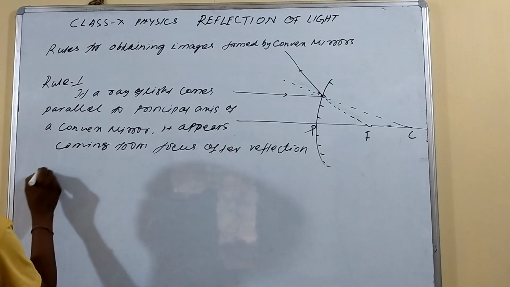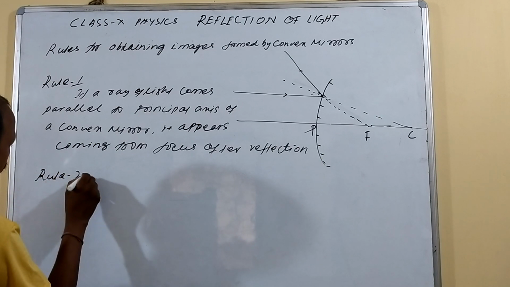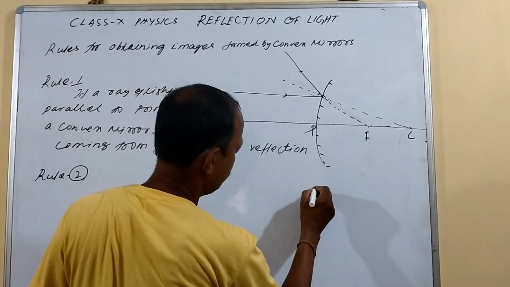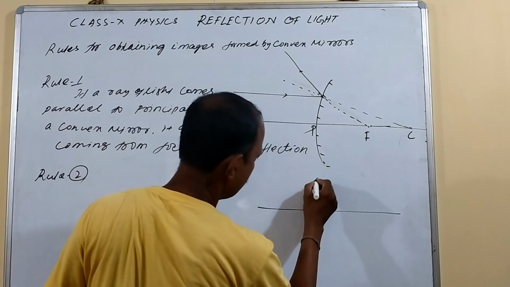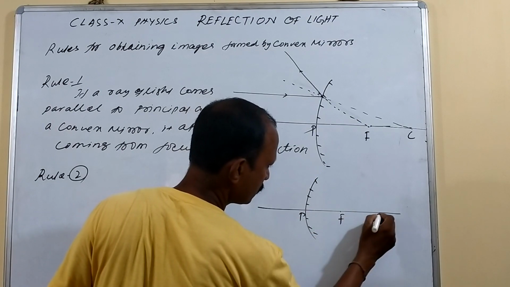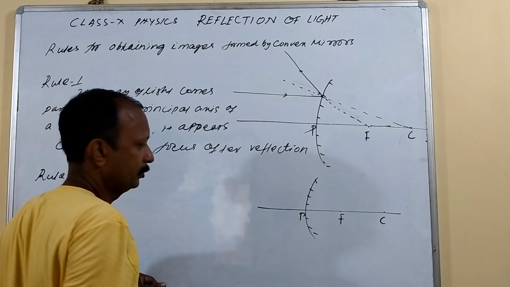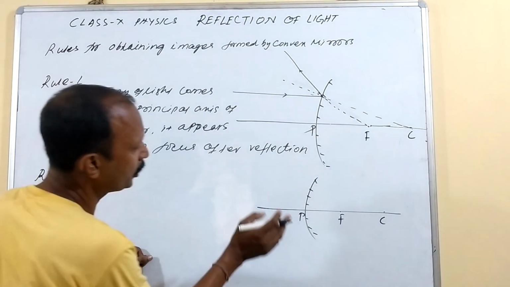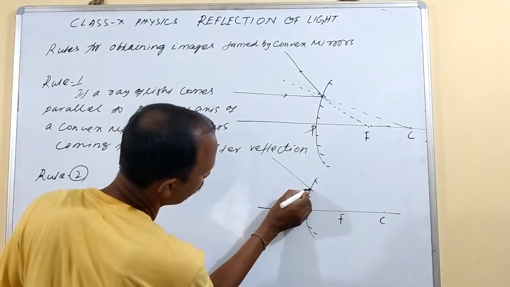Now rule number 2. What is rule number 2? I will just reverse it and tell you. This is the pole, this is the focus, this is the center of curvature. Suppose a light ray is coming towards the focus.